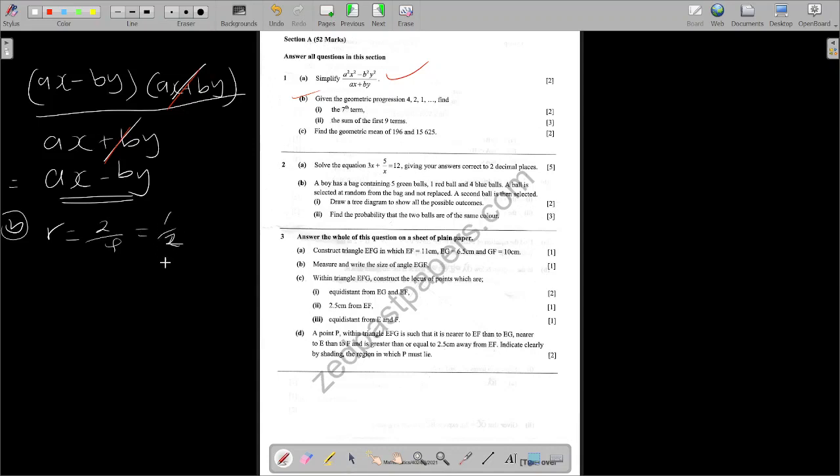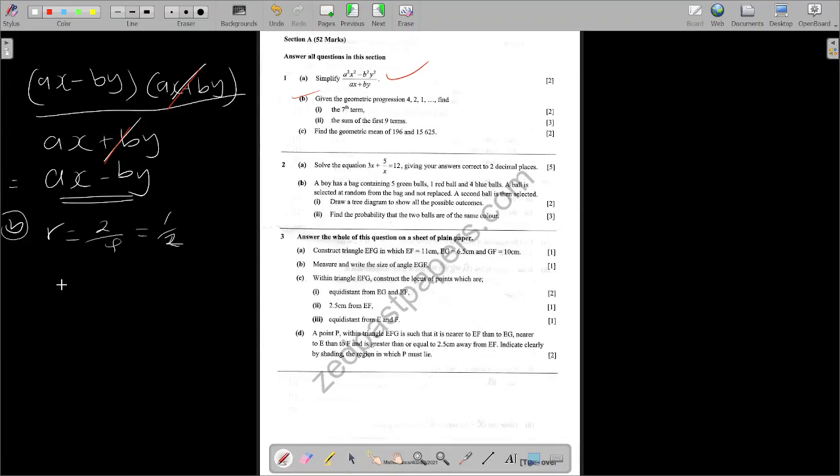When finding the common ratio, you divide the second term by the first term. Here 2 is the second term and 4 is the first term.